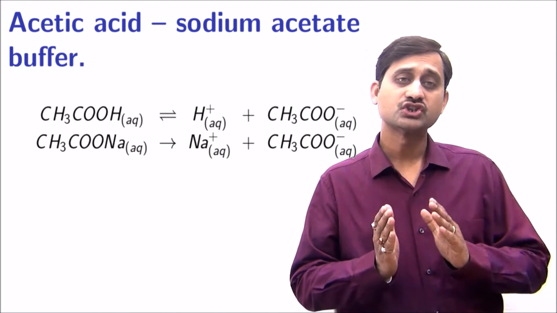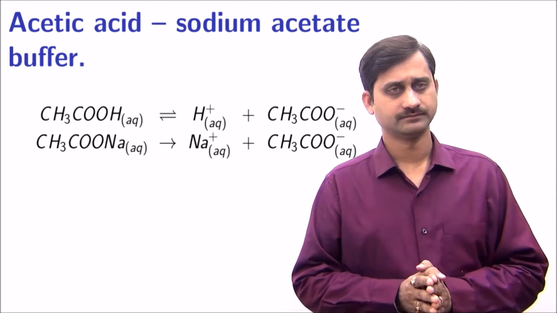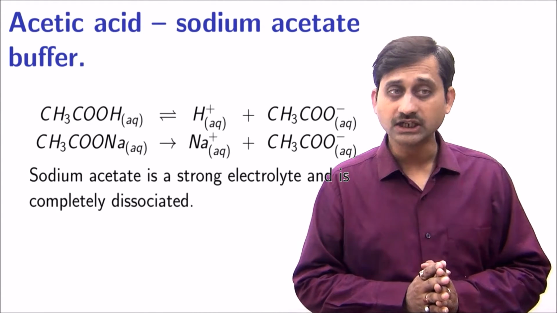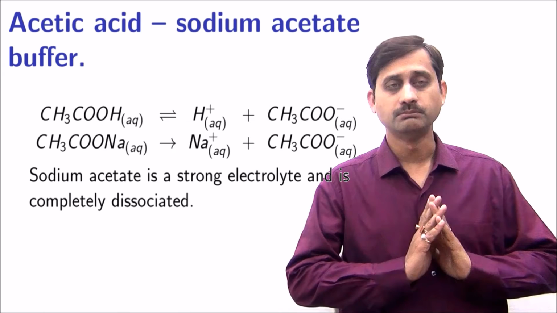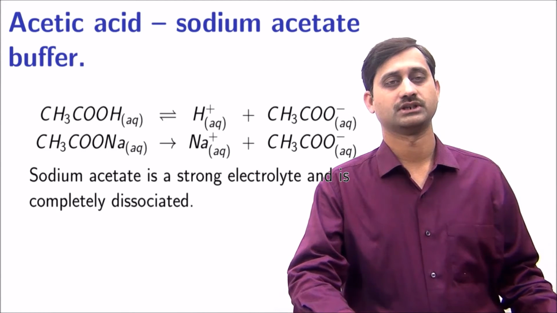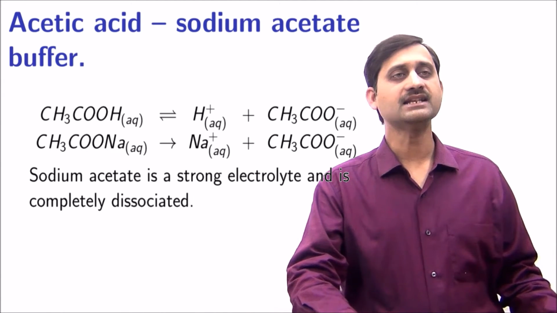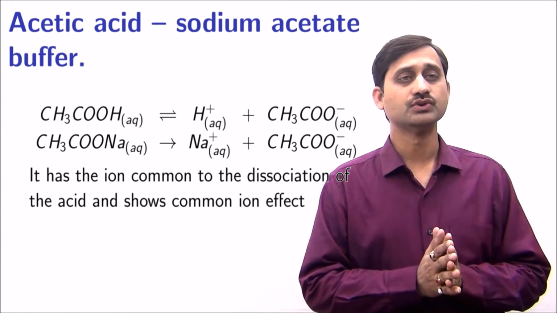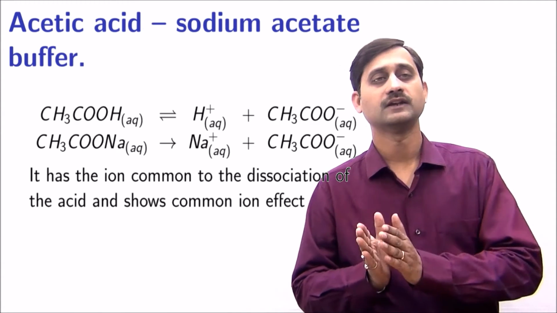Now we add sodium acetate to it. Being a salt, sodium acetate is a strong electrolyte and is completely dissociated. It has the ion common to the dissociation of the acid and shows common ion effect.